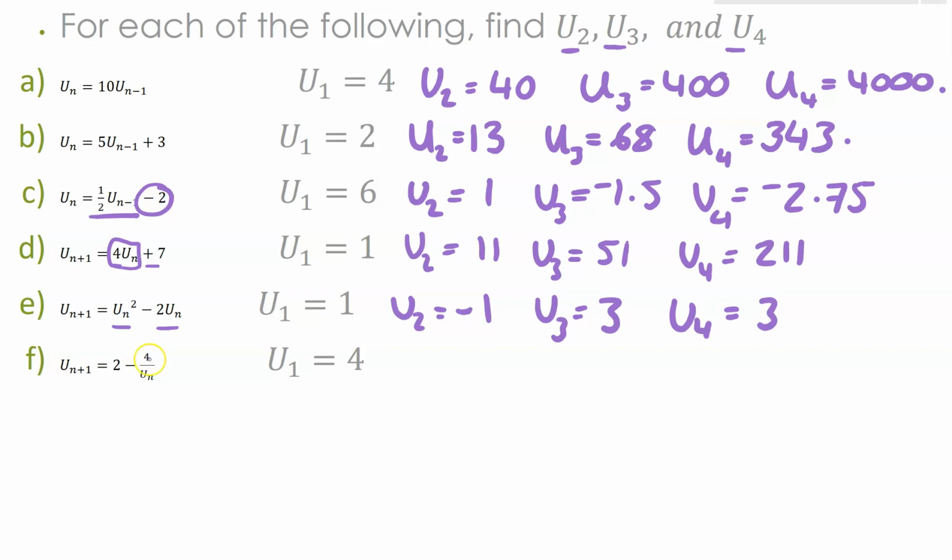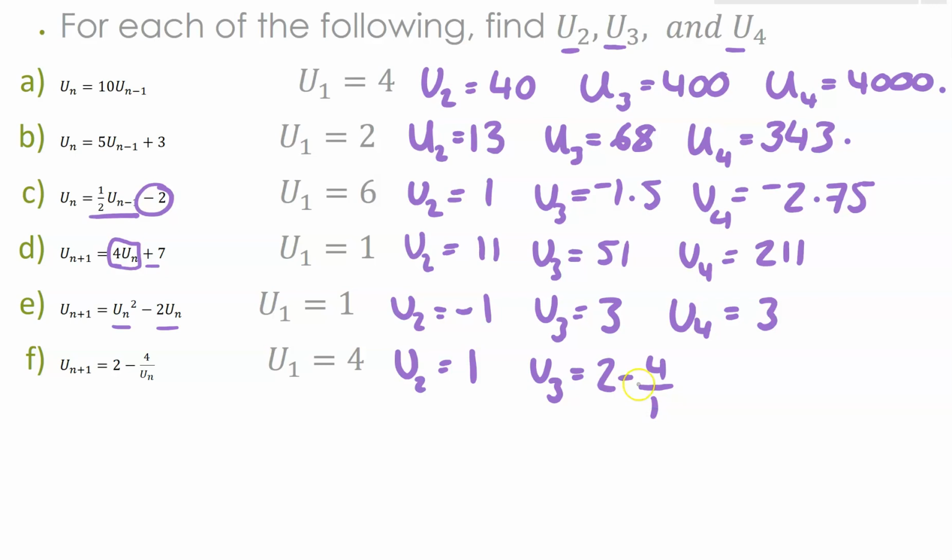And the last one, a bit more complicated one. Again, I'm going to write it out more fully. So u2 is 2 minus 4 over the previous term, which is 4. So 4 over 4 is 1. And 2 minus 1 is 1. u3 is 2 minus 4 over 1.